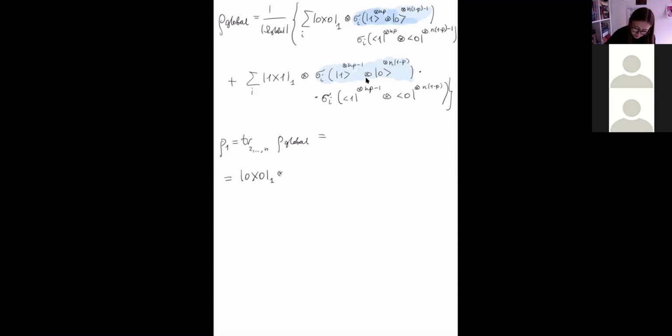For the 0, 0 element of rho 1, it will be exactly the number of states which have Np 1s and N minus p minus 1 zeros, which is the number of ways you can choose Np positions from n minus 1 positions. And I don't need the tensor product here anymore.